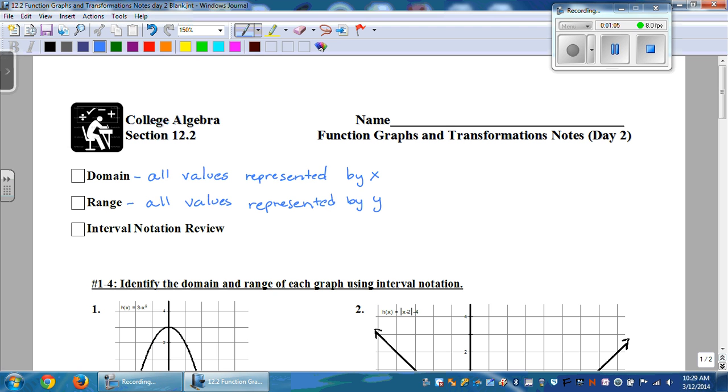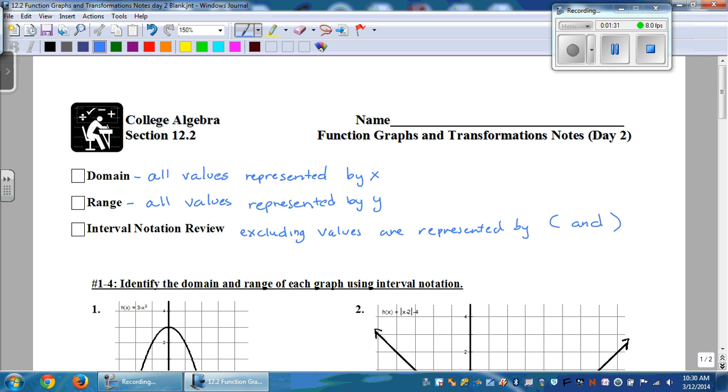If you're excluding values, they are represented by, what do we got? You said parentheses. You are correct.